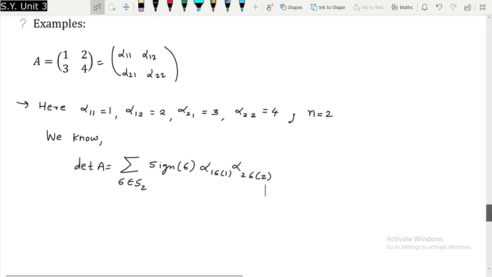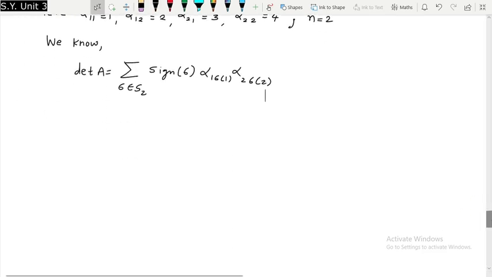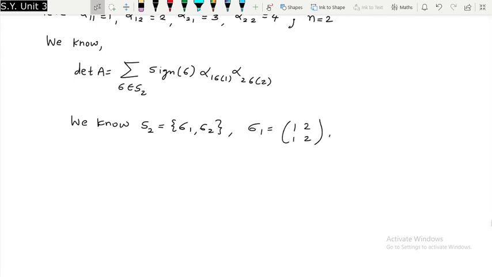We know we will need S2 over here. Our S2 is equal to sigma 1, sigma 2, where sigma 1 maps 1 to 1 and 2 to 2, and sigma 2 maps 1 to 2 and 2 to 1.